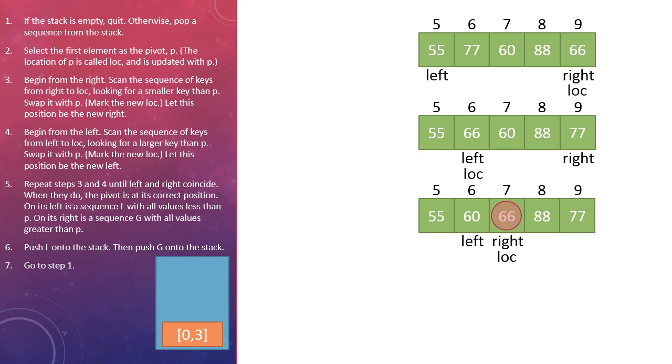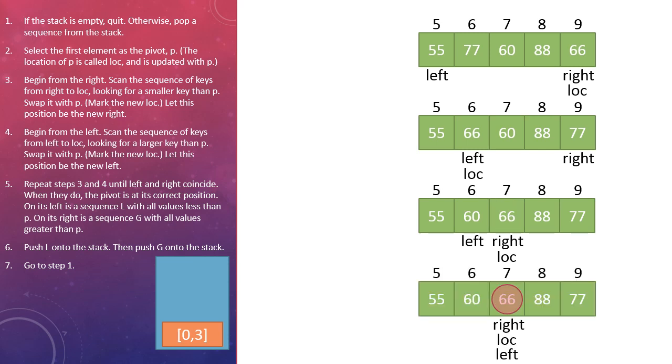Start scanning from the left, looking for a larger element than 66. 60 is not larger, and then this happens. Right and left coincide. This means that the pivot element 66 is at its correct position.